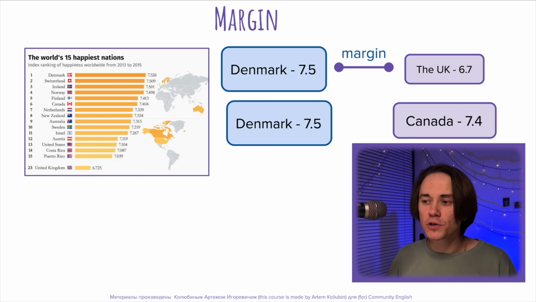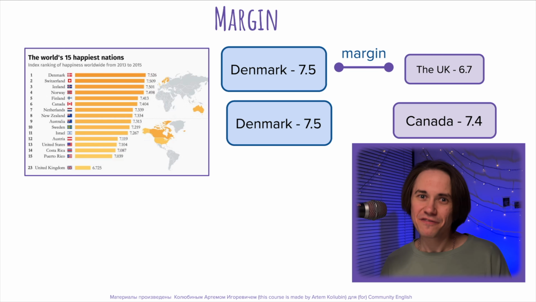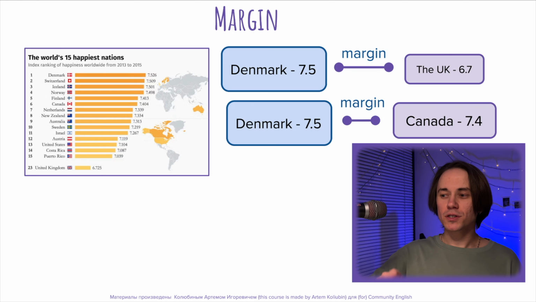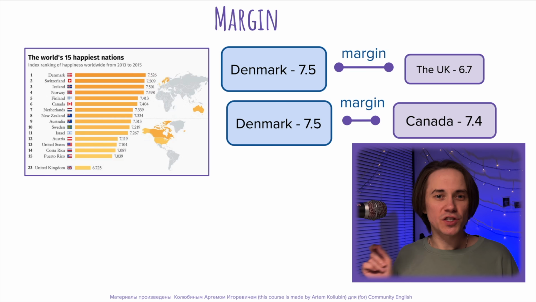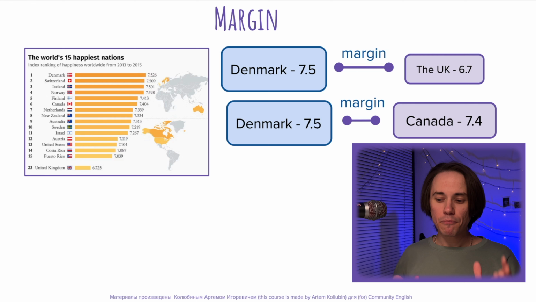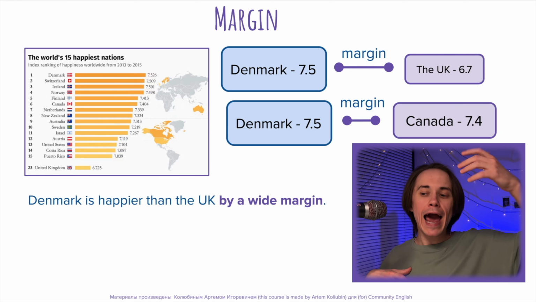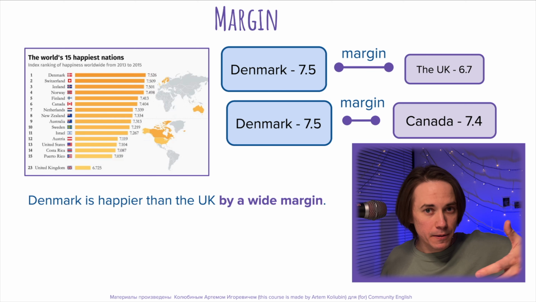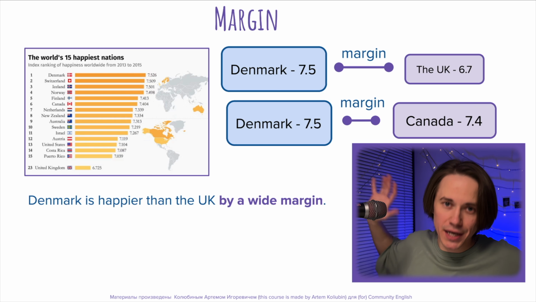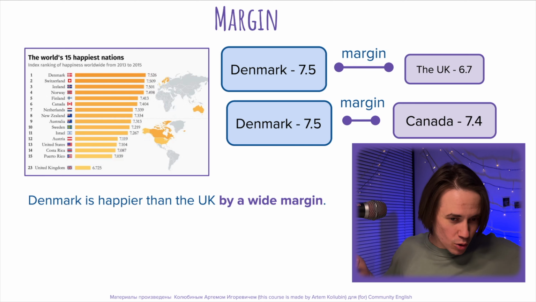Here, for example, if you compare Denmark 7.5 and Canada around 7.5, you can see the margin is smaller. So we usually say it's a narrow margin, and we usually use the preposition by. So for example, you compare Denmark and the UK. Denmark is happier than the UK, and you want to say that the difference is big, right? That's what you say, by a wide margin, that's all. Right?